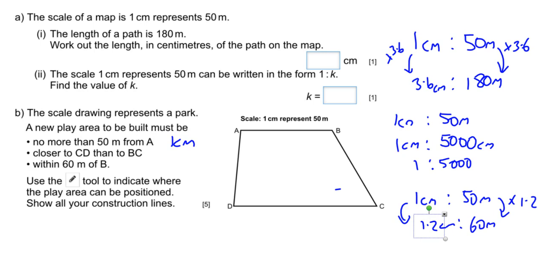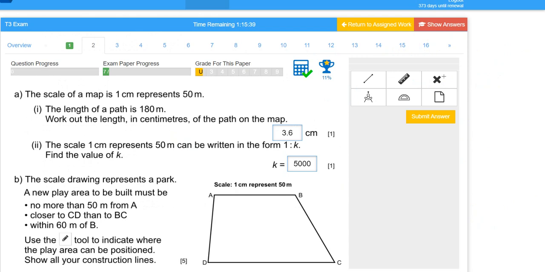And so from that, I can see that if that's 1.2 times more, that will be 1.2 centimeters on my map. Let's go back to MathsWatch and put some of those in. So this is now a construction question. I've worked out it has to be no more than 50 meters from A, which is 1 centimeter. So I need to get my compasses. So there's my compass. I want to draw a 1 centimeter radius. I'm just going to move this down until I get to 1 centimeter. And nearly there.